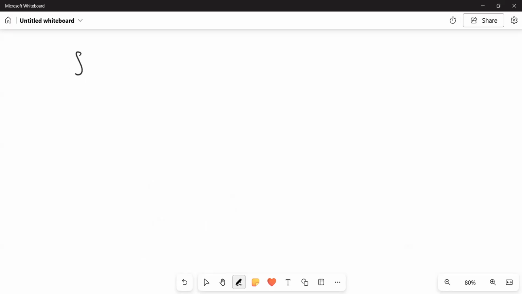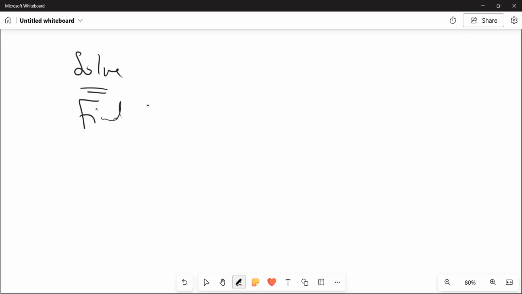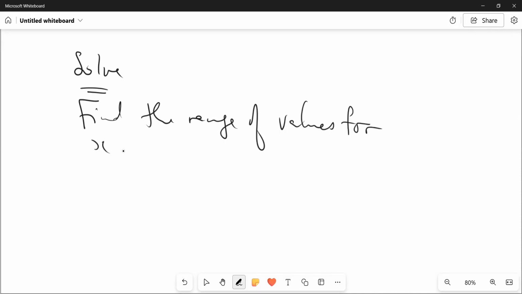Sometimes they say, find the range of values of x, or the values of x for which, let's say, 2x minus 1 is greater than 5.